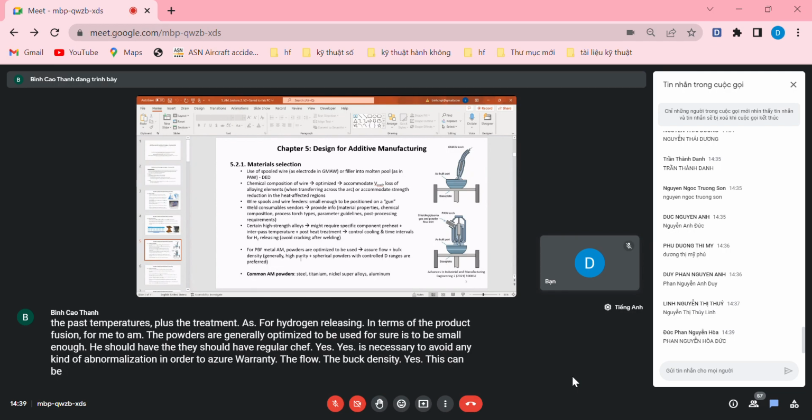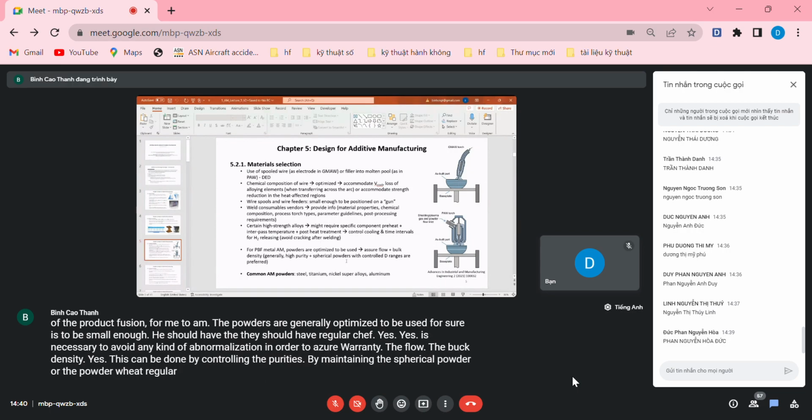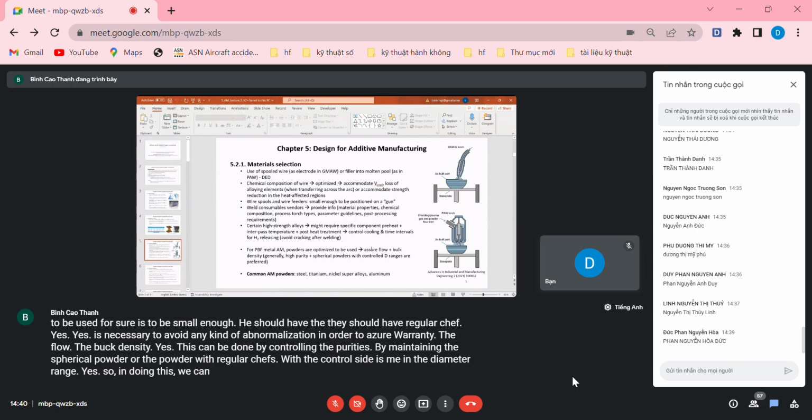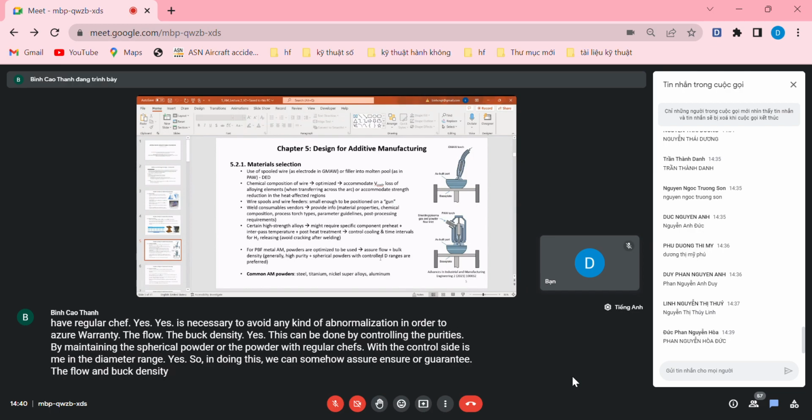This can be done by controlling the purities, by maintaining spherical powder or powder with regular shapes, with controlled size, meaning the diameter range. In doing this, we can ensure the flow and bulk density of the materials.